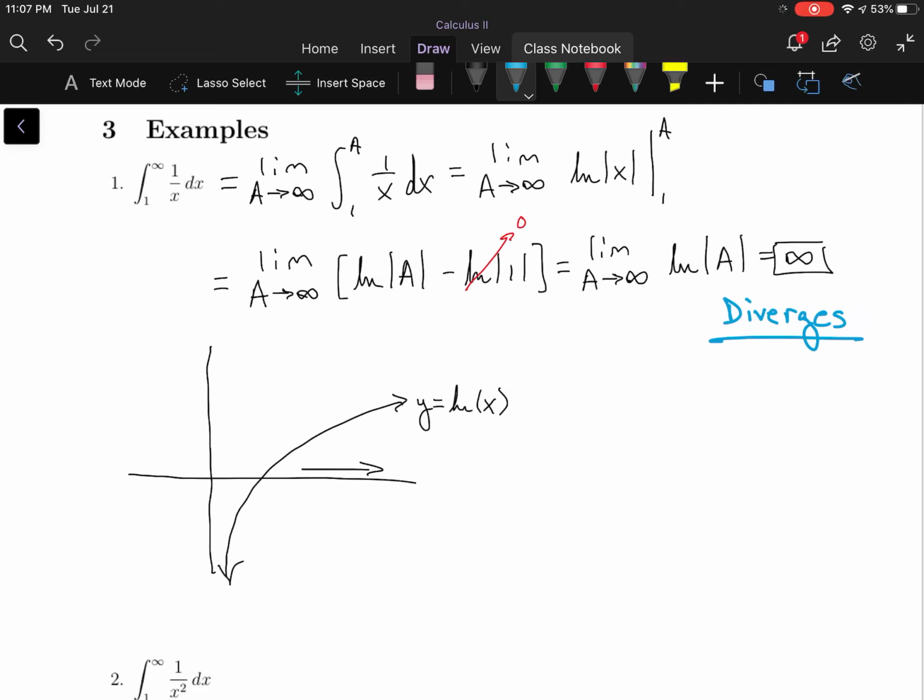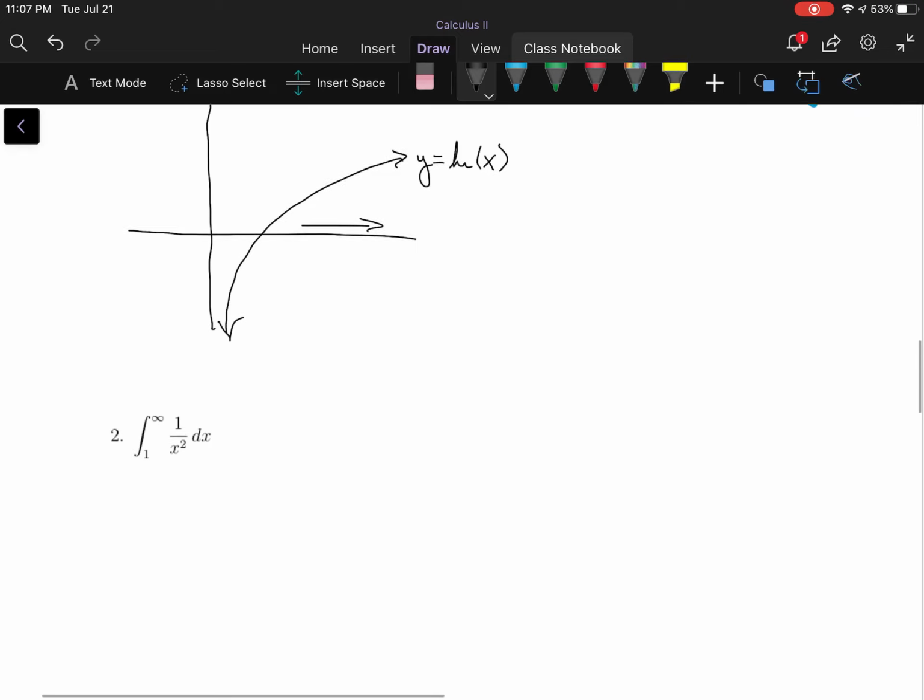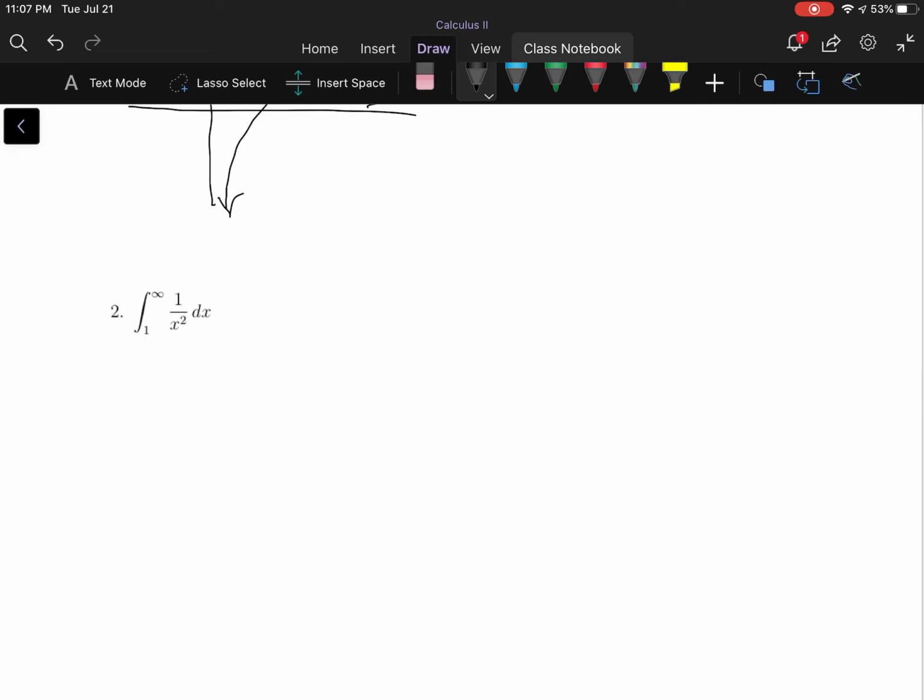And let's take a look at problem 2, just so you get some more exposure here. And it looks very, very similar, except instead of 1 over x for the integrand, you've got 1 over x squared. And so the process is identical.